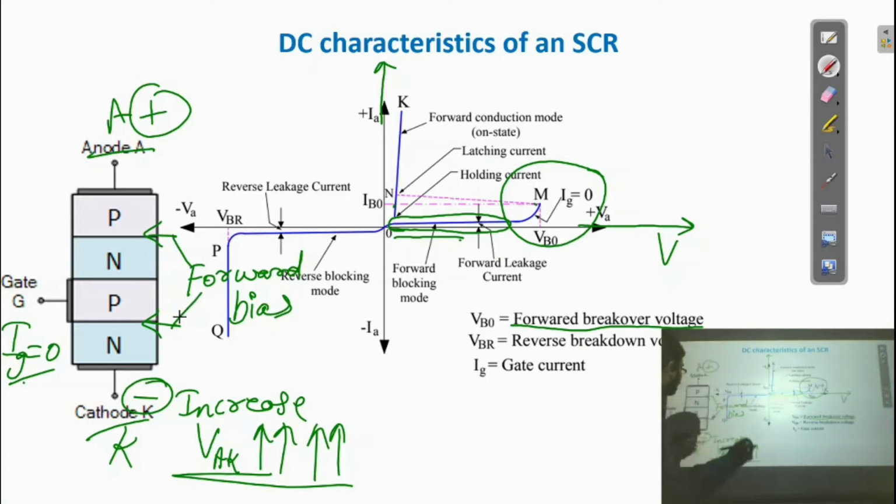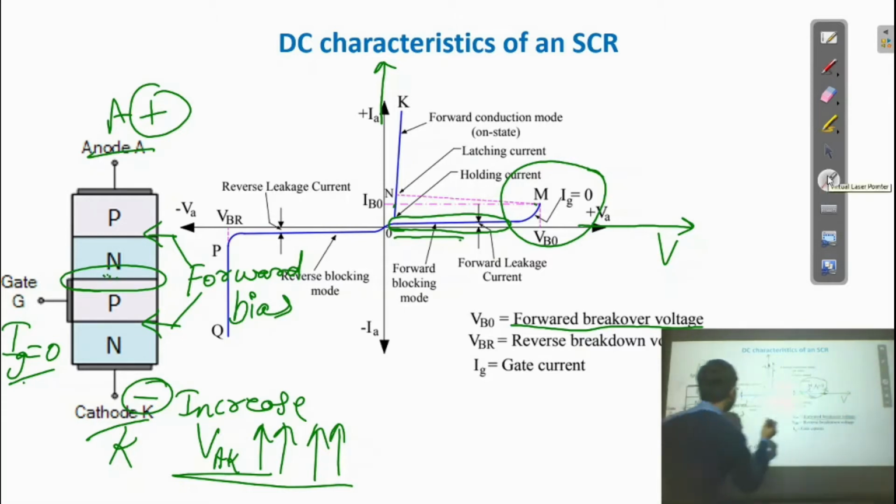But remember one thing, the junction in between will be reverse biased. In between is just a simple PN junction. Now remember, if you increase the voltage on the reverse bias of a PN junction, it will break down.